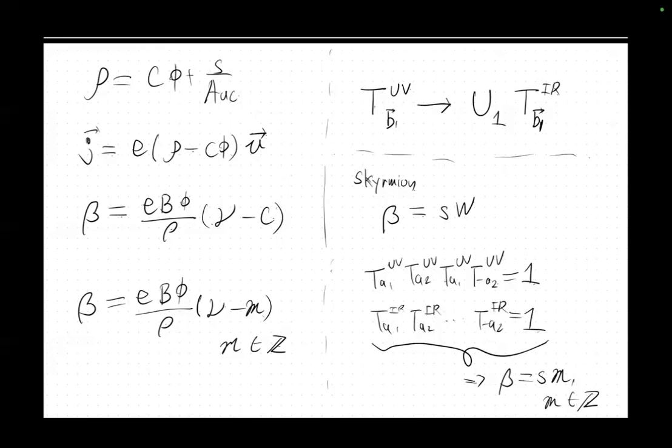And at maybe an even more basic level, I had two examples, and in one of them, the thing that tells me how to implement the continuous translation is the Chern number, right? And in the Skyrmion example, it's the winding number. It's like a momentum space object versus a real space object.